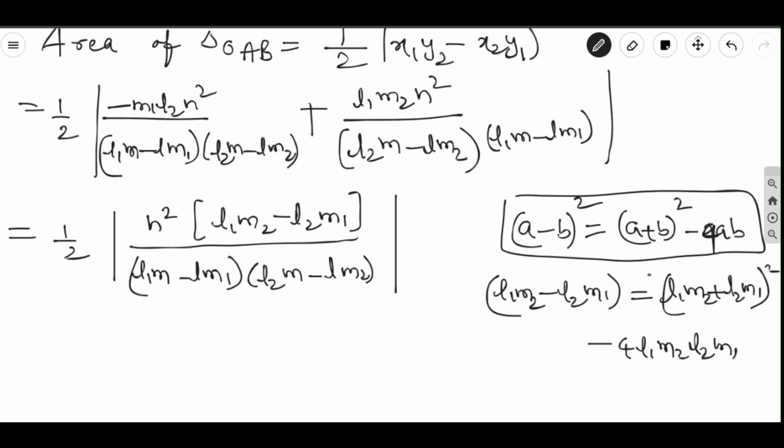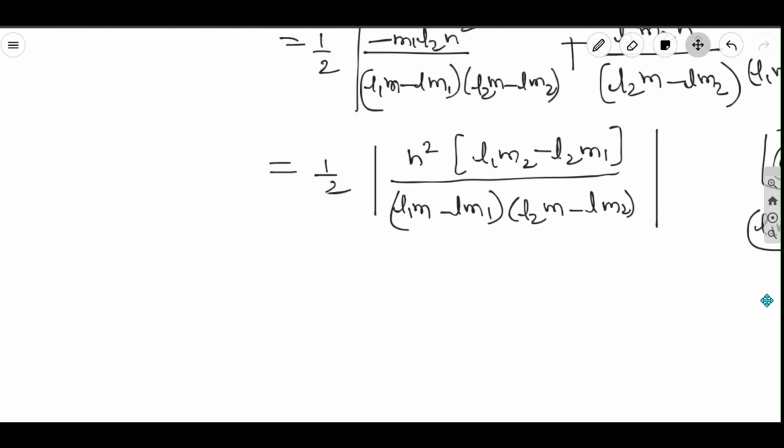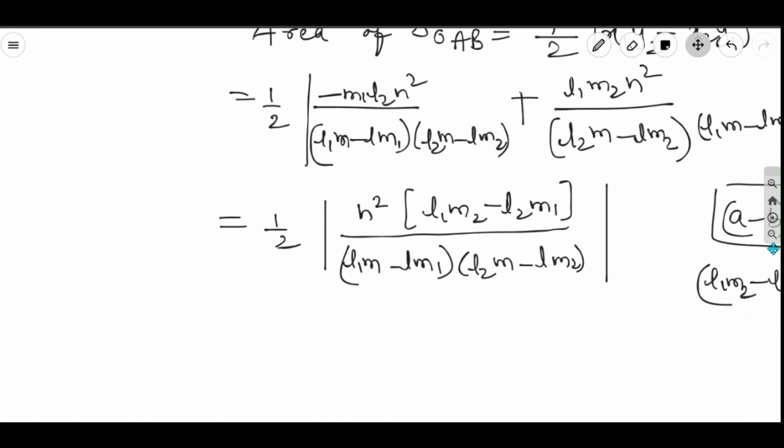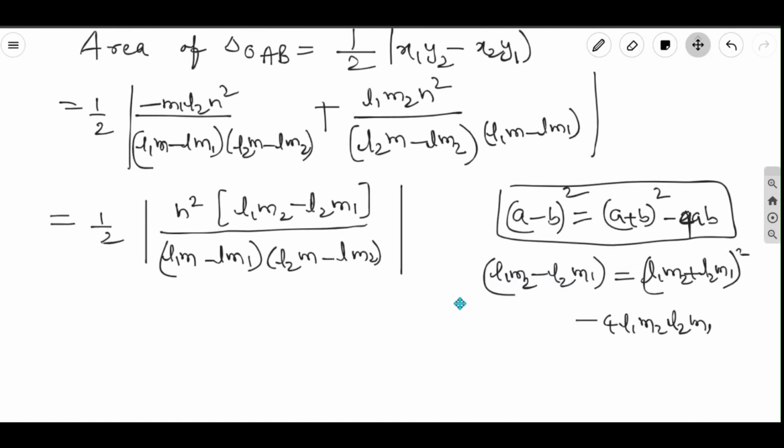So substitute here. It is equal to 1 by 2 modulus n square under root, here only a minus b whole square; if the square is eliminated, it turns into under root.